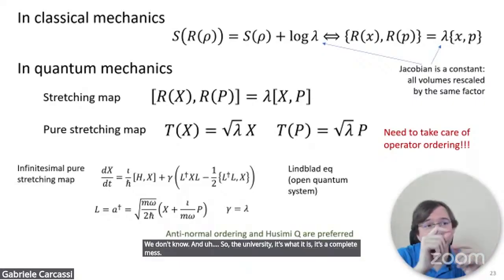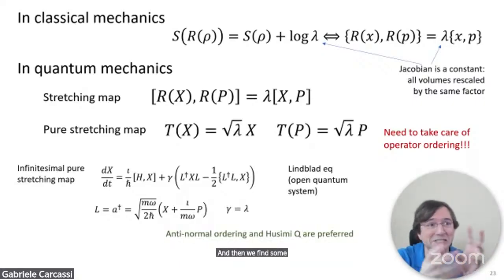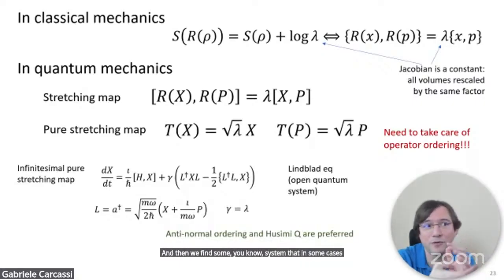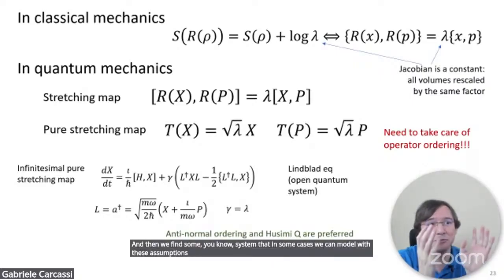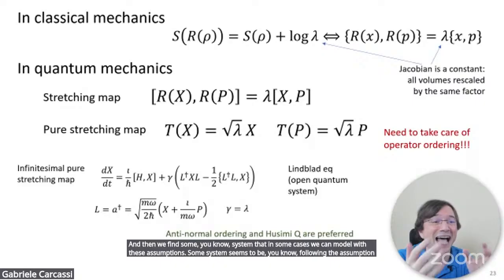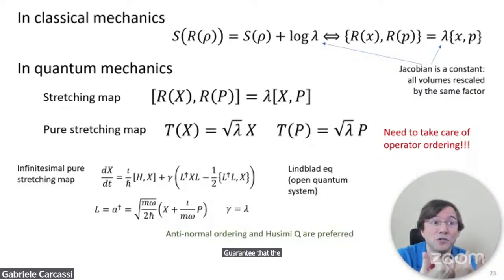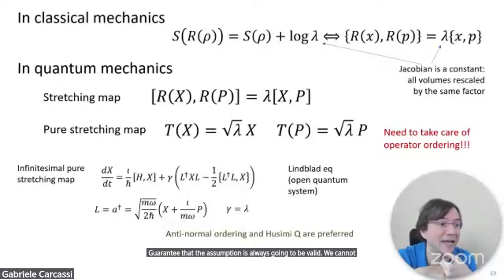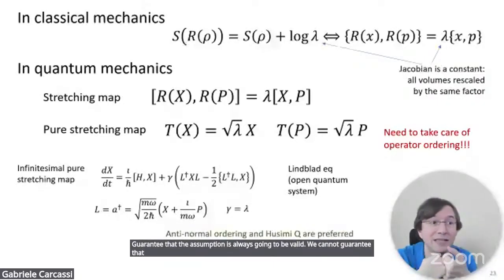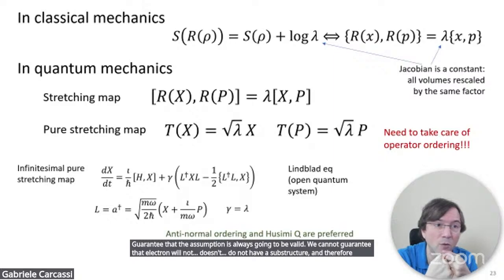And then we find some systems that in some cases we can model with these assumptions. Some systems seem to follow the assumptions better than others, but we can't guarantee that the assumption is always going to be valid. We cannot guarantee that electrons do not have a substructure and therefore can always be described as a single quantum object.